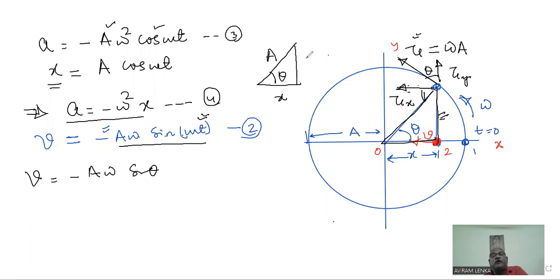So the perpendicular, automatically using Pythagoras theorem, must be equal to root over a square minus x square. You can easily predict it.